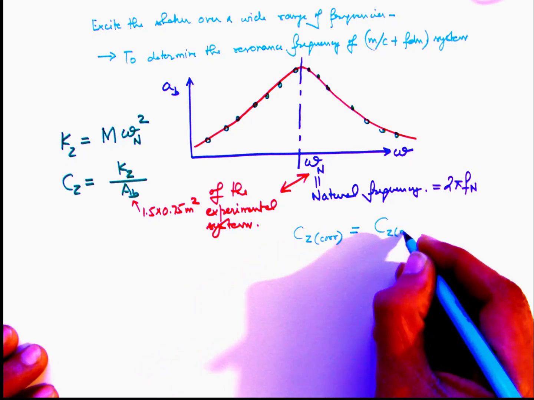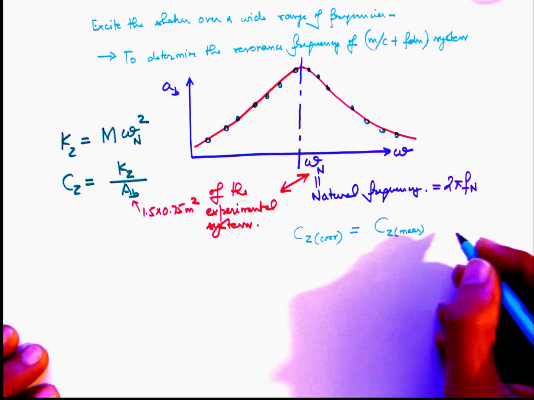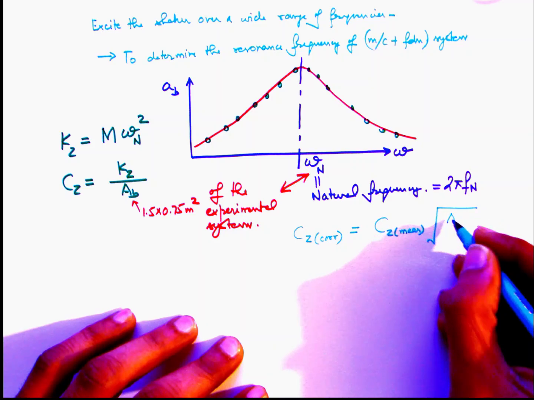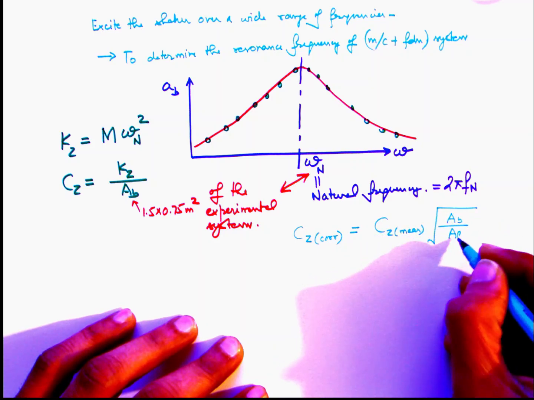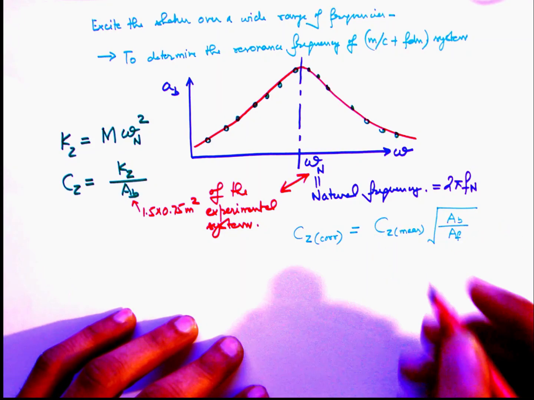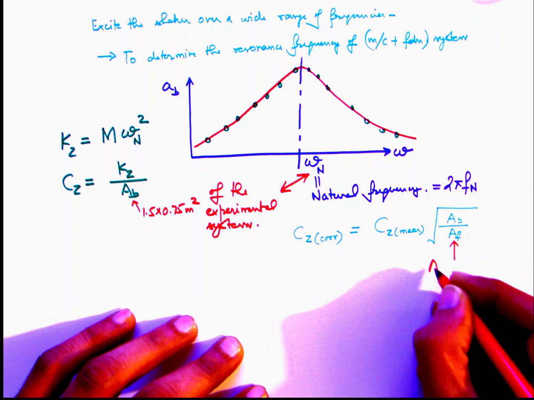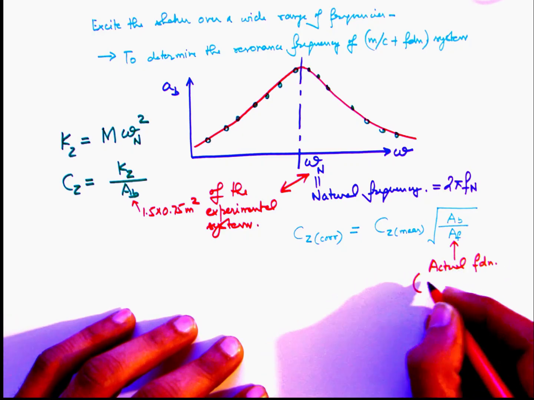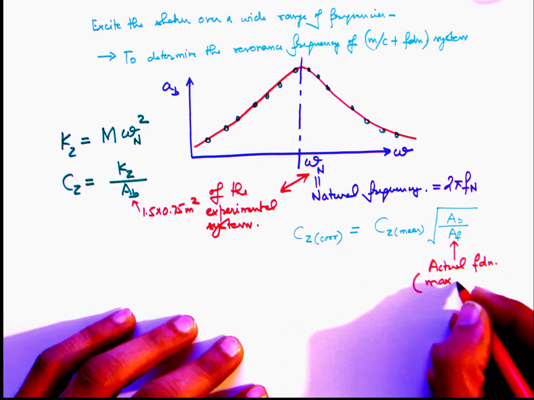So it needs to be corrected because the actual foundation shall have a different size, so a size factor comes in. So this is corrected as shown here. So basically we need the actual foundation area for this purpose.